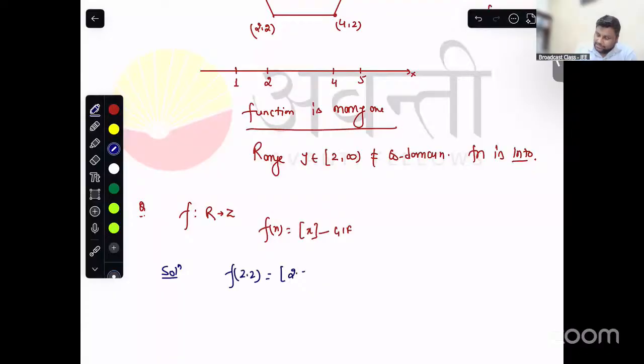That is greatest integer of 2.2. That will be 2, yes or no? And f of 2.8 is what? That is greatest integer of 2.8. That is also 2. So there are infinite number of elements between 2 and 3 itself having image as 2. Then there are infinite number of elements between 3 and 4 having image as 3. So that means with this you can conclude it is a many-one function.